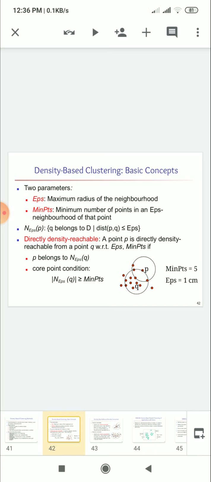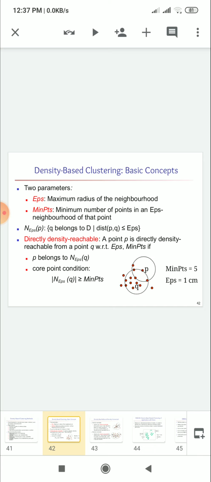An object P is directly density reachable from another object Q if Q is a core object. Here Q is a core object because, looking at Q with radius epsilon of 1 centimeter, the minimum points condition is satisfied. So Q is a core object and P is in the epsilon neighborhood of Q, within the 1 centimeter, that is, P is epsilon reachable. So in this case we can say that P is directly density reachable.